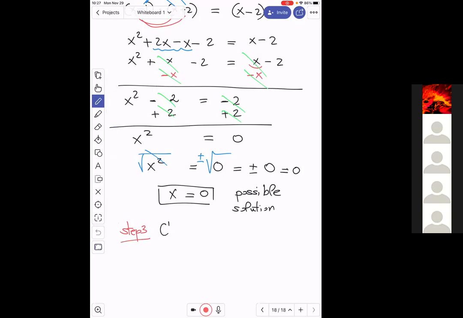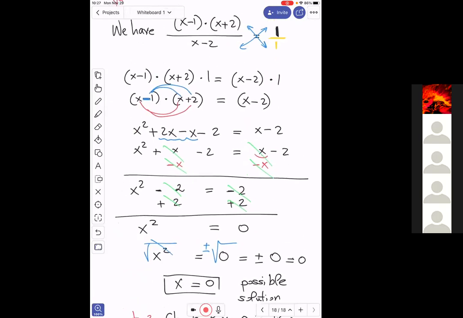We need to check if x equal to 0 is a true solution to the problem. Okay, so what's the problem? Well, the original equation.